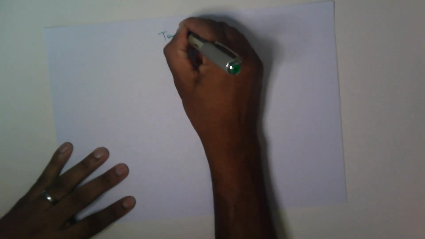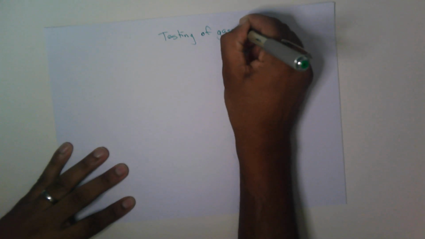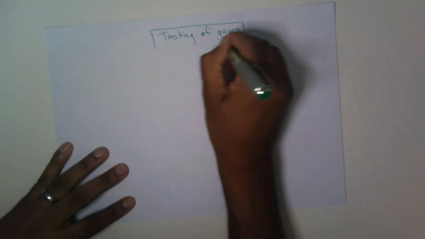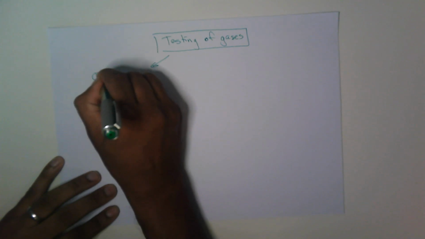Now the last part for the combined is looking at the testing of gases. Now this is relatively straightforward. Now the one that students miss out a lot on is chlorine, so I'm going to start with chlorine.